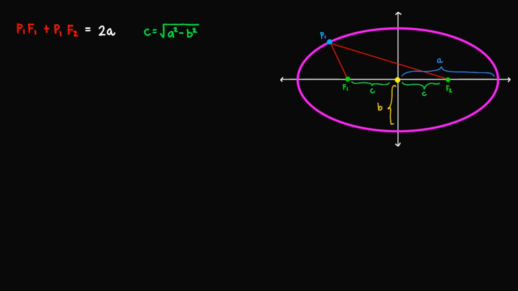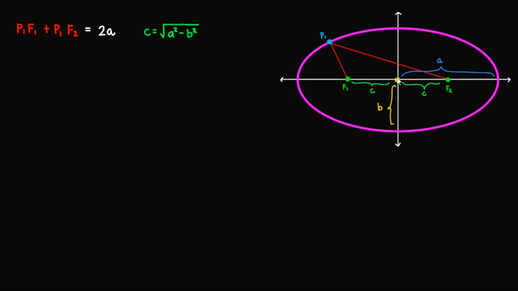Let's first consider the case wherein the center of the ellipse is at the origin, or at the point 0, 0. The derivation would work for any center, but to simplify how it looks in our derivation, we'll be considering the center at 0, 0.